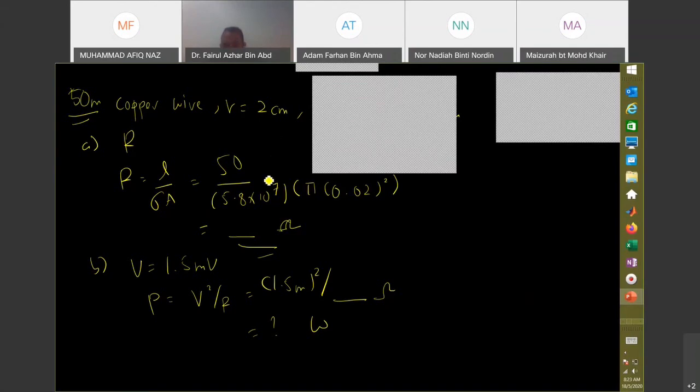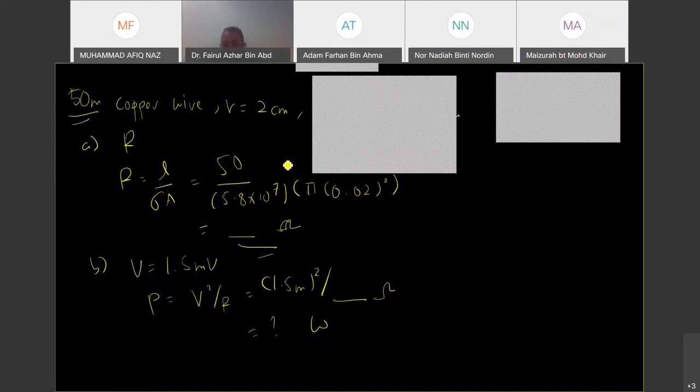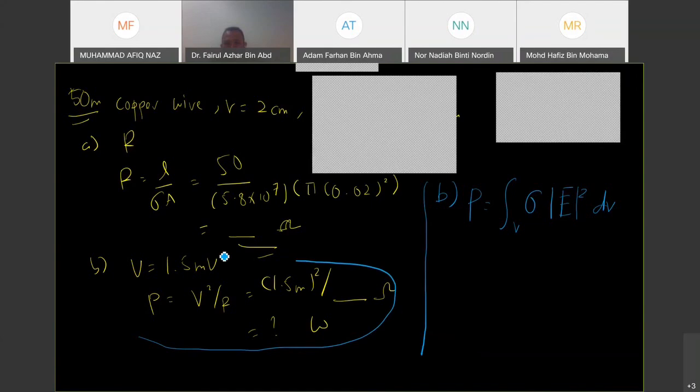The next exercise asks us to use the equation to solve and repeat part B, by using P equal to the volume integration of sigma times the vector E squared dV. The technique we used before is from circuit analysis.